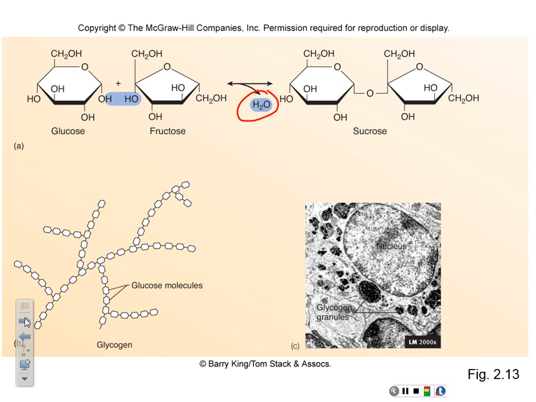Hydrolysis means you use water to lyse. It's hydro, and then lysis is the breaking down. So hydrolysis, you use water to break down. And synthesis, you give off water to join. See what I'm saying, right?